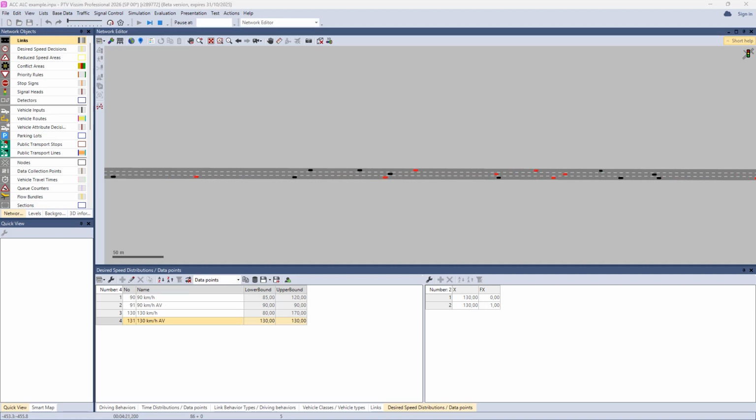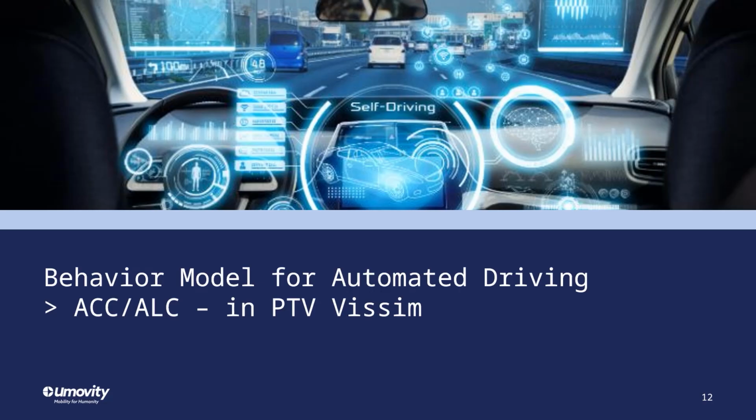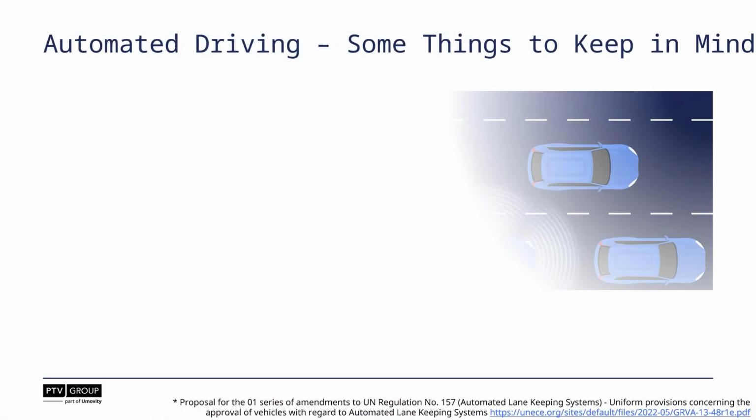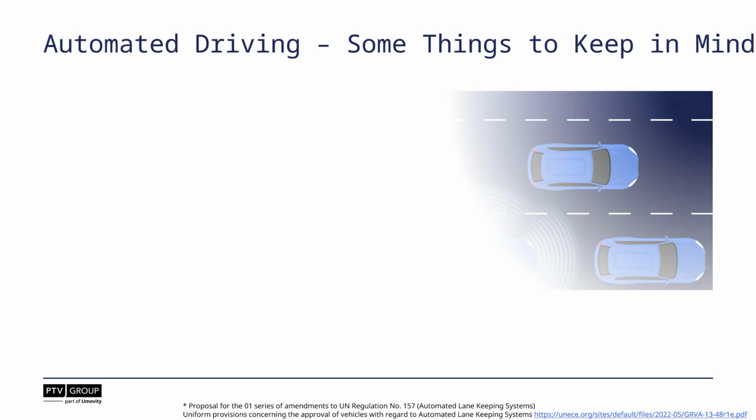So let's go back to the slides. I would simply recap the most important things for modeling with the new AV behaviors. There are two new models, one for car following and one for lane change.